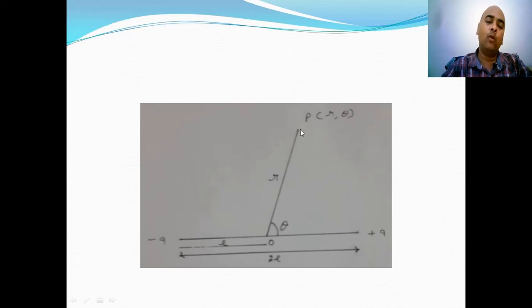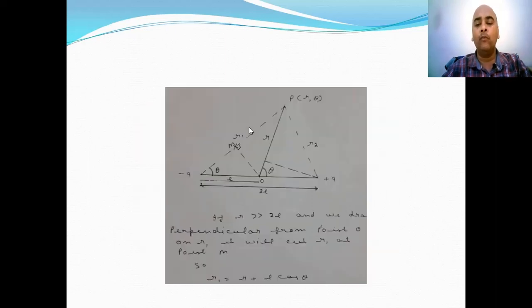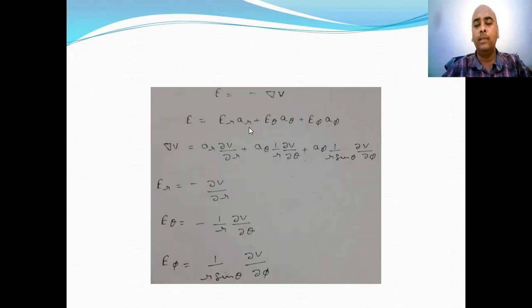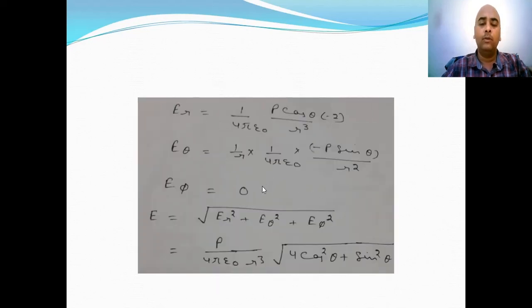So the value of the electrical field will not change along the circle. That is, the rate of change of electrical field along the phi direction will be 0. So we obtain that E phi is 0.